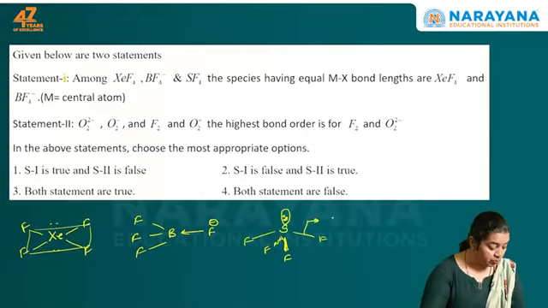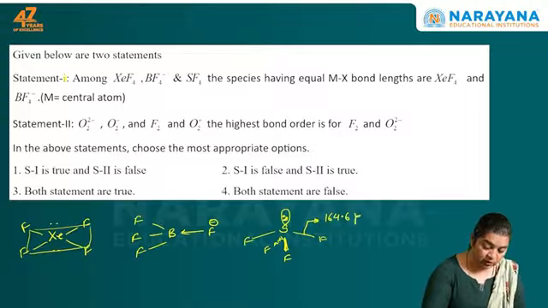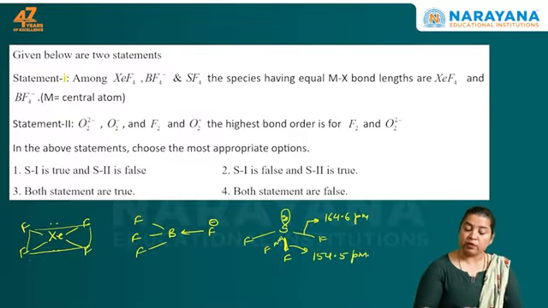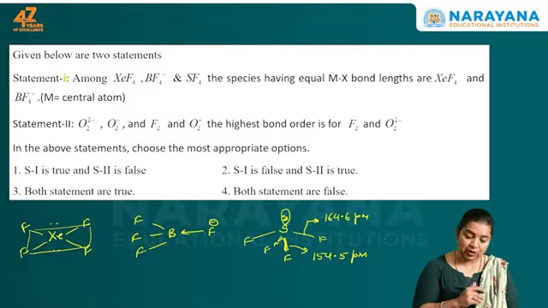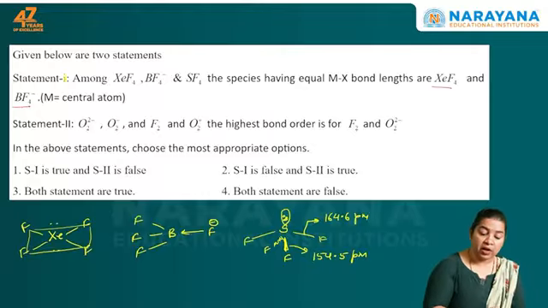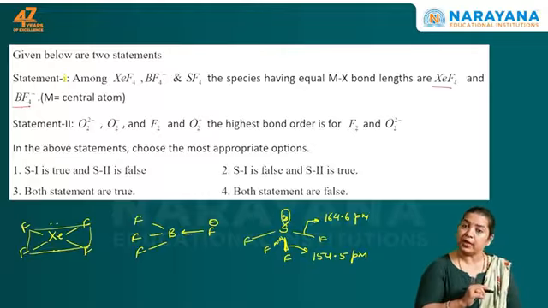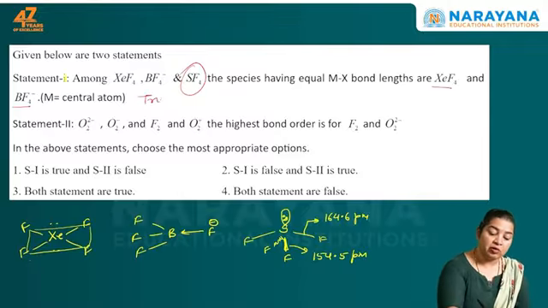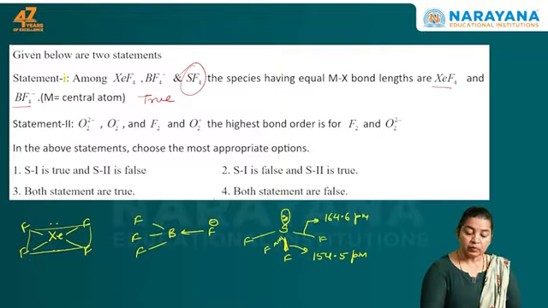This one is 164.6 picometer, and those which I have placed on wedge and dash are 154.5 picometer. It is a seesaw shaped structure. So going back, among XeF4, BF4 minus and SF4, XeF4 and BF4 minus have equal M-X bond length, we agreed, and SF4 does not have, we agree. So this statement is true. This can't be our answer.